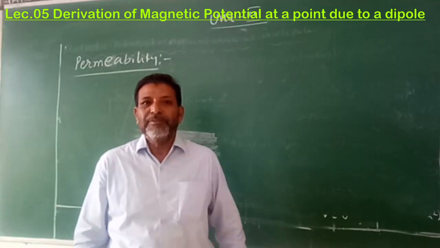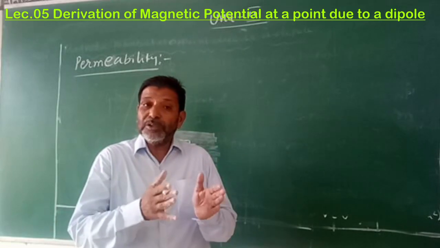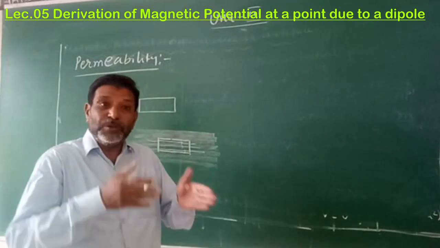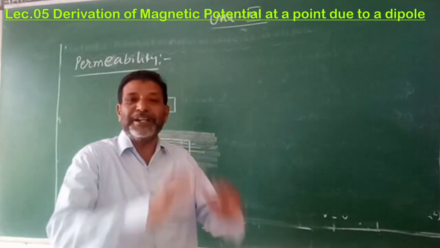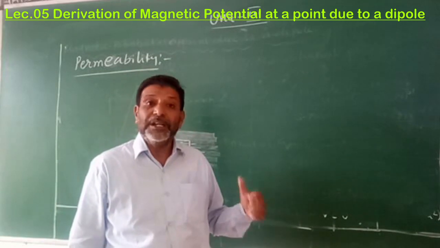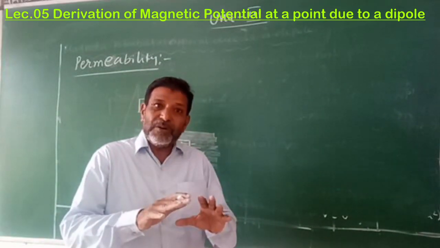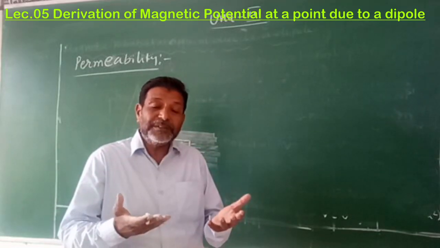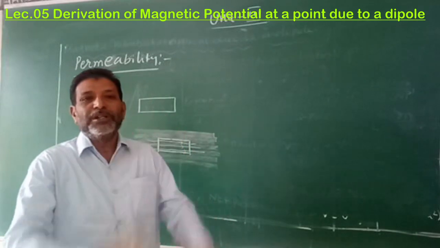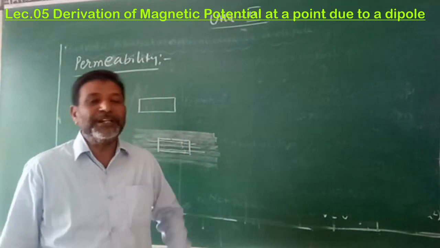For example, an iron piece, which is a ferromagnetic material, has more ability to allow the magnetic lines of force to pass than steel, etc. Therefore, remember that different materials have different ability to allow the magnetic lines of force to pass through them. That ability is known as what?